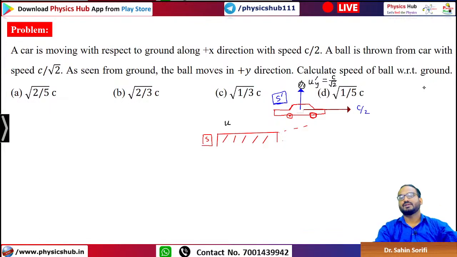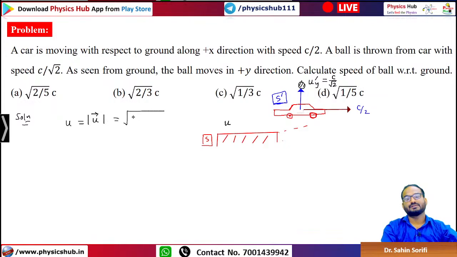Calculate the speed of ball with respect to ground, means you need to calculate u. U is the magnitude of u, that is root over ux square plus uy square. So this magnitude is given, right? The speed of the ball with respect to ground will be given by this.